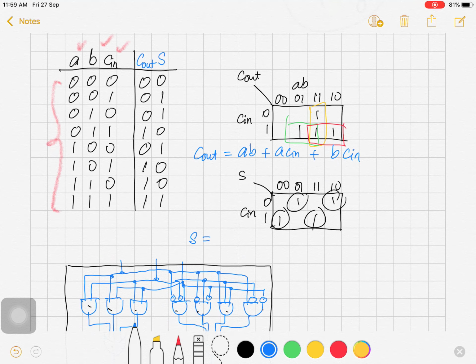S is a little bit longer: A bar B bar C in, or A bar B C in bar, or A B C in, or A B bar C in bar.